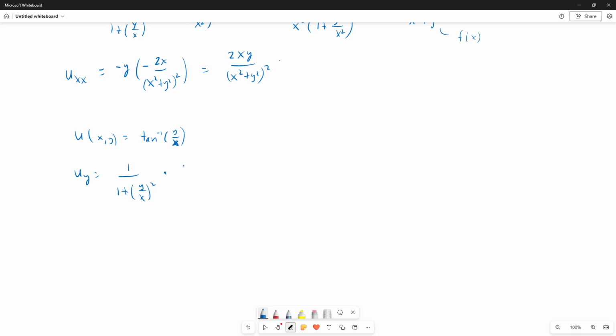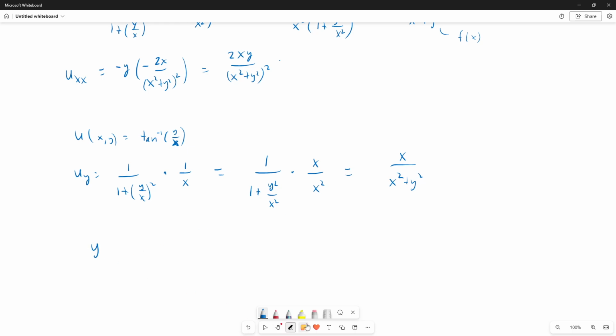It's just 1 over x. And now I'd really like to multiply by x squared on the bottom here. So I'm going to rewrite 1 over x as x over x squared. And now when we multiply these together, we get x over, and distribute the x squared, x squared plus y squared. So there's a nice form for u sub y, x over x squared plus y squared.